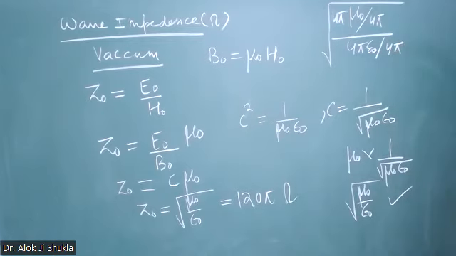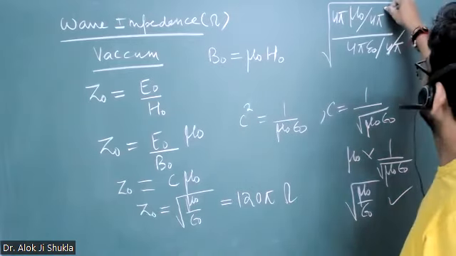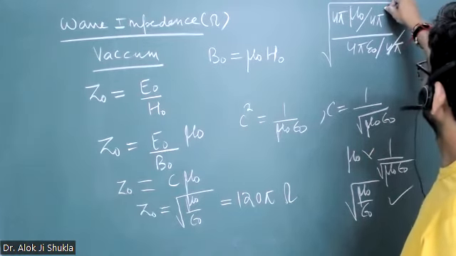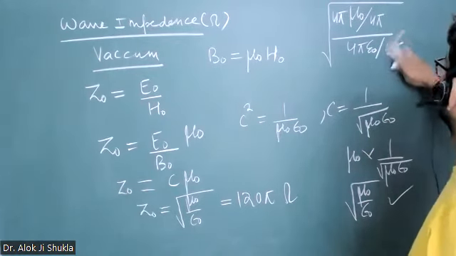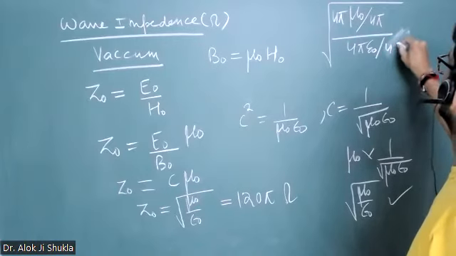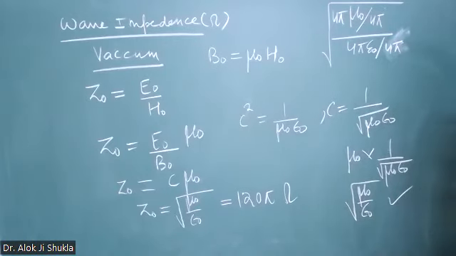Is it okay? Yes, sir. So it will become 4 pi cancels. No. Just इसको ऐसे रहने दो. 4 pi. Then what will happen?